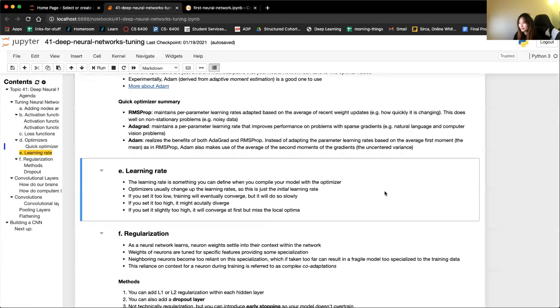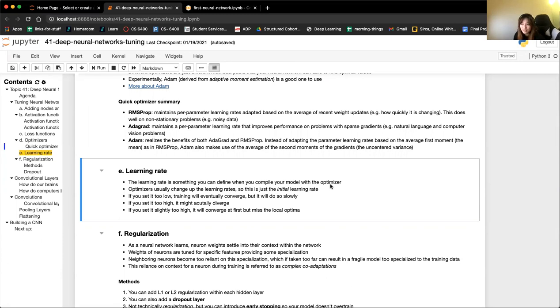Optimizers usually change up the learning rates, as we just talked about. The learning rates are going to change with every epoch and with every batch that you're putting in. So you're really just defining the initial learning rate, which is why you don't have to put that there, but it's just good to know. You can actually set your learning rate beforehand.